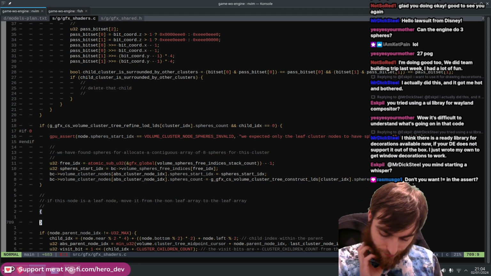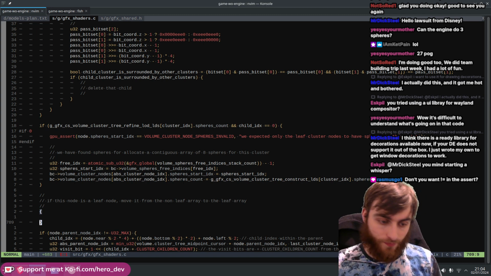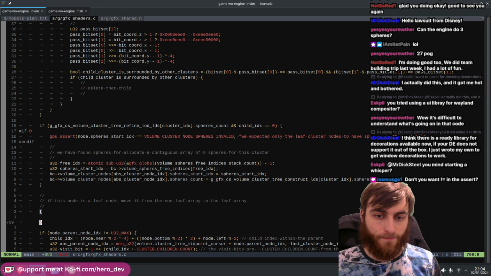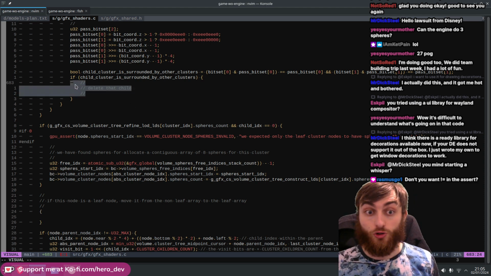But you've got to move it from. So there's a few things, right? When you delete a child, that could be a leaf node, or it could not be a leaf node, right?